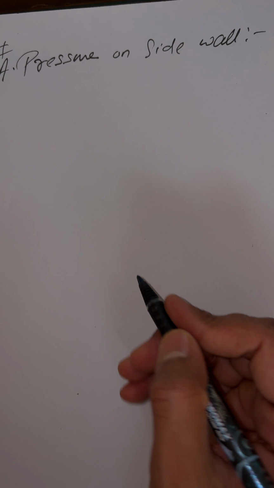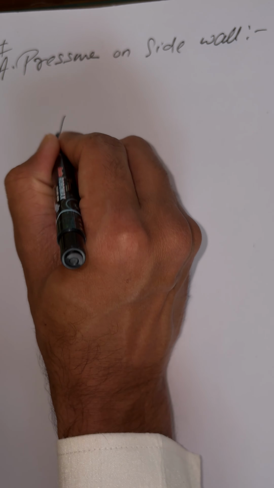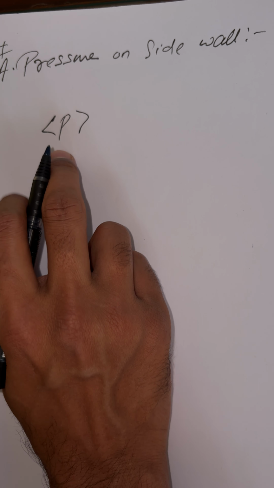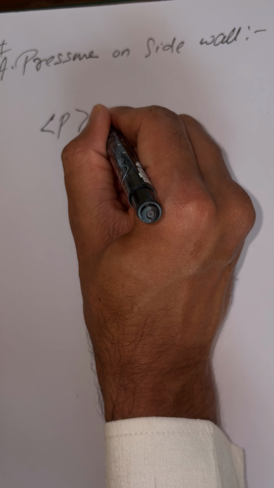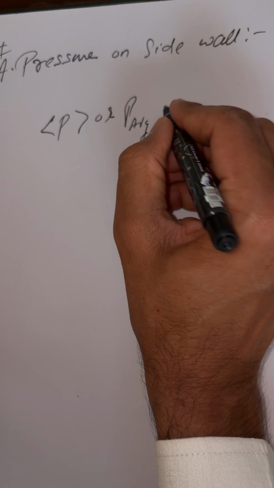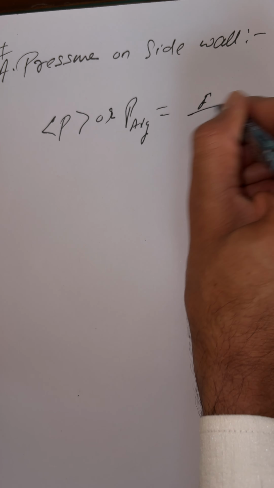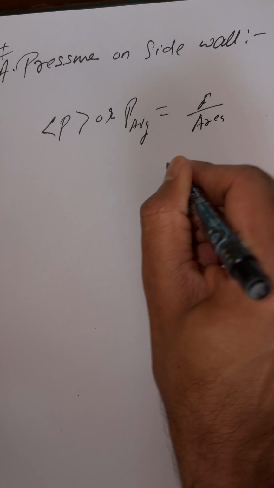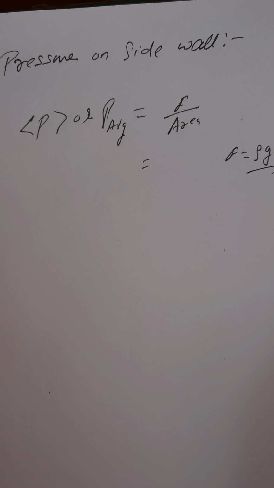For this condition, average pressure is nothing but force per unit area. Force we just calculated: F is equal to rho g b h square by 2.